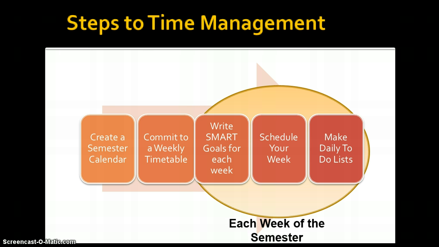These other things are things you're going to do on a weekly basis. Maybe every Sunday night you're going to do these things, and this is going to help you move through all of the tasks that you need to do and not get backlogged or behind.